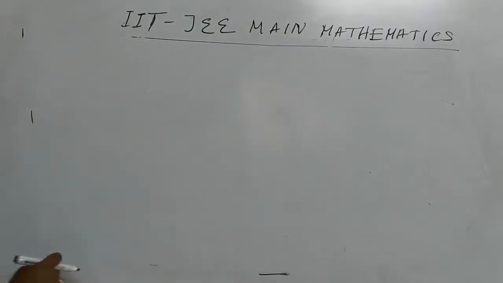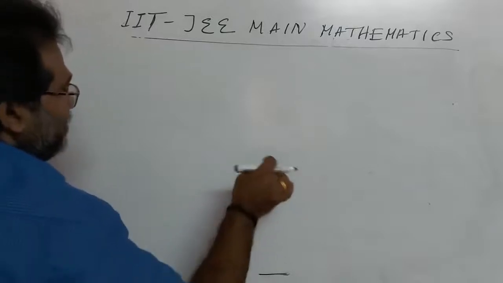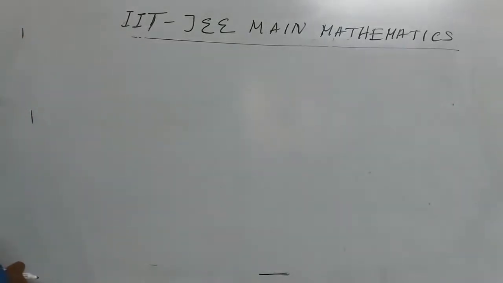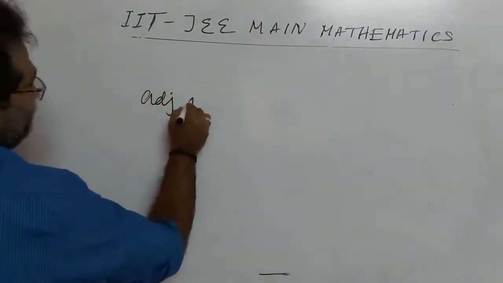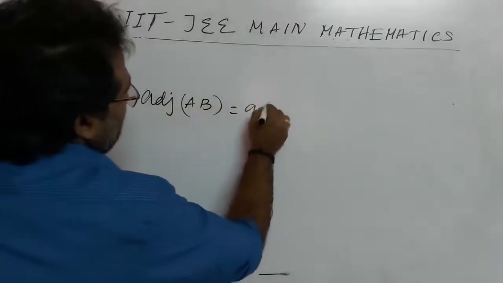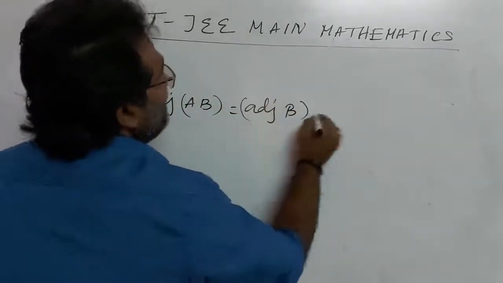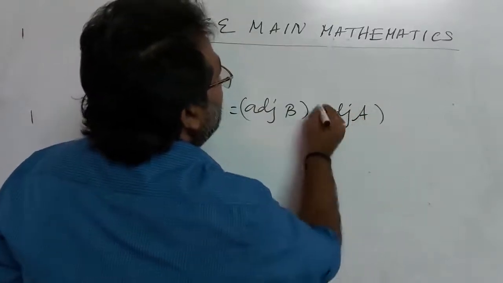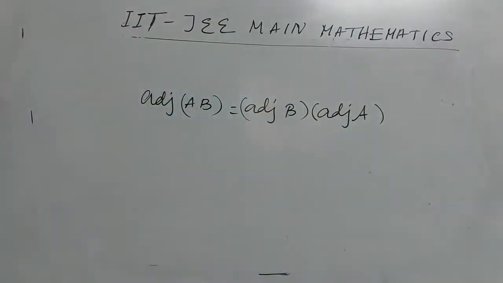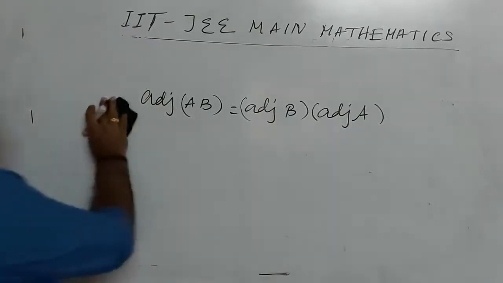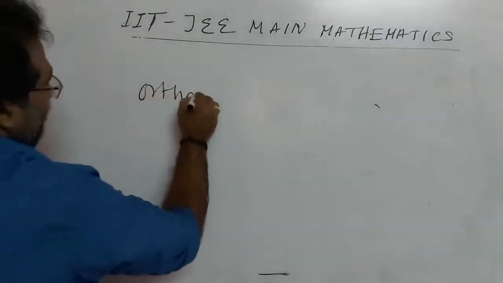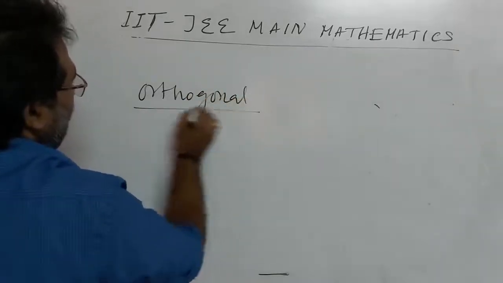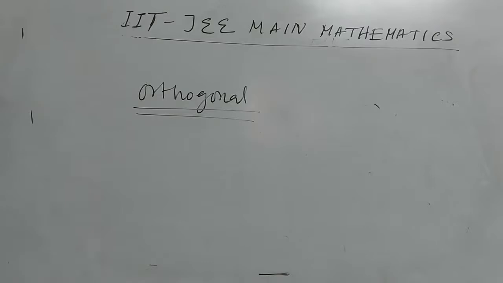If A and B are any two non-singular matrices of order n, adjoint of AB equal to adjoint of B into adjoint of A. Orthogonal matrices.